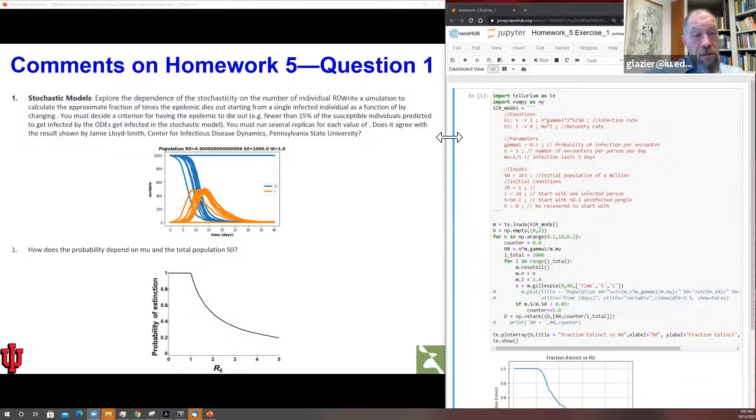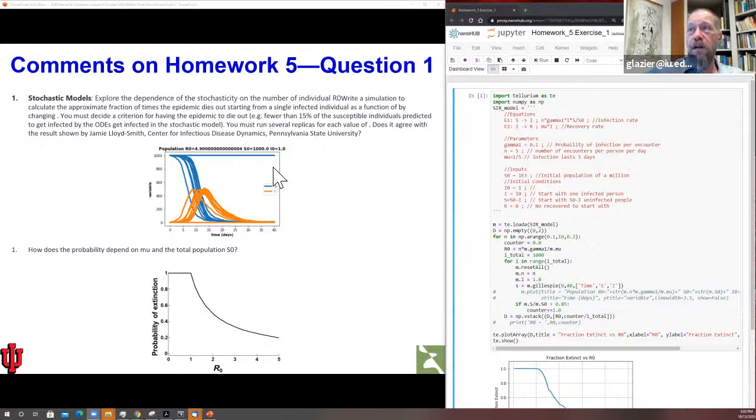In particular, if you give it to nobody, the chain of transmission dies out. So if you start with a single infected individual, it's possible they don't pass it on to anybody, or they pass it on to 1 or 2 people and they don't pass it on to anybody. And so in that case, you don't get the dynamics that you might expect from the ODE.